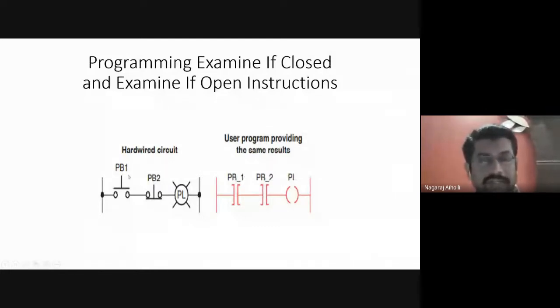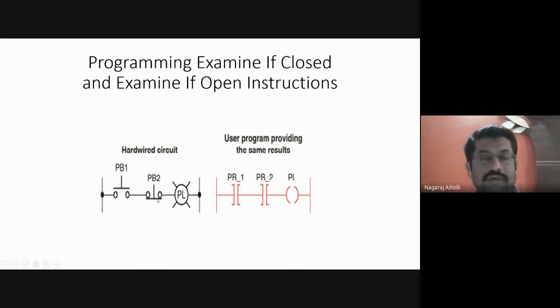In the hardwired circuit here, we are using the push button. The push button is normally open, which means initially it is in open state. If we push it, it will come to closed state. The contact will get closed. Then PB2, push button 2, is normally closed. That is, it is already in the closed position.